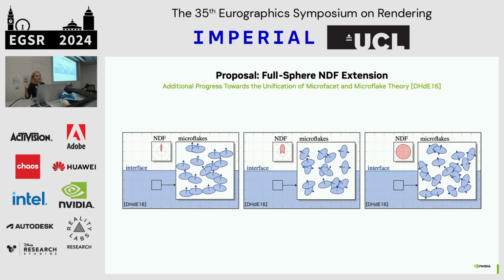Now, the problem is that this requires accurate evaluation of the cross-section and importance sampling of the visible normal distribution. And they admit that they don't know how to do this with a full sphere within their framework. So it's more a theoretical concept they present than an actual solution, because, again, they could not evaluate it.